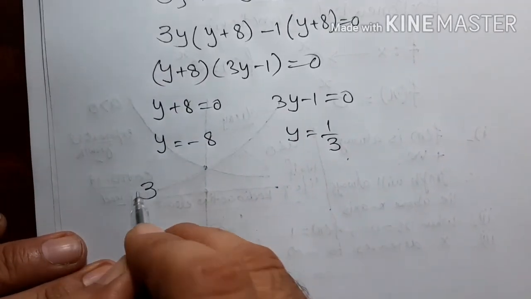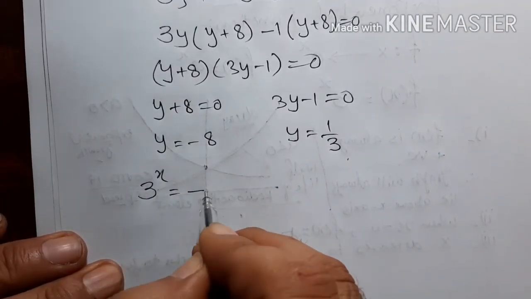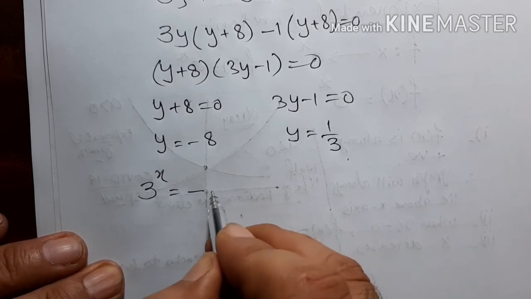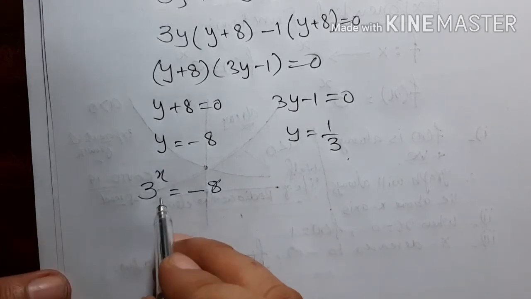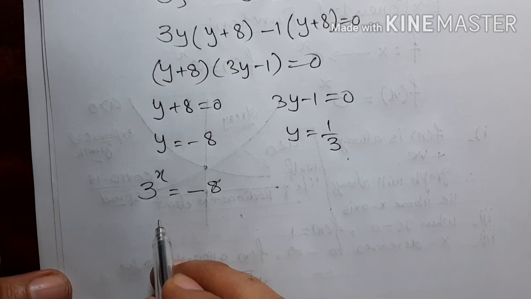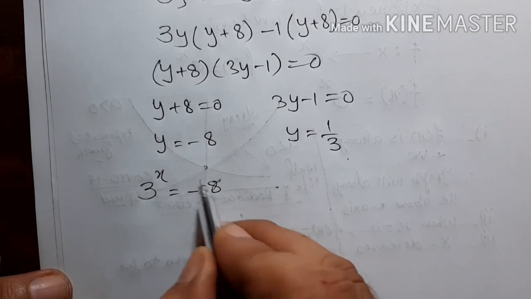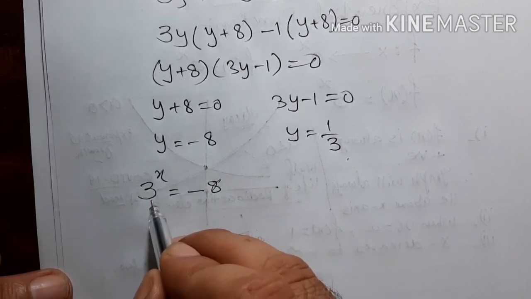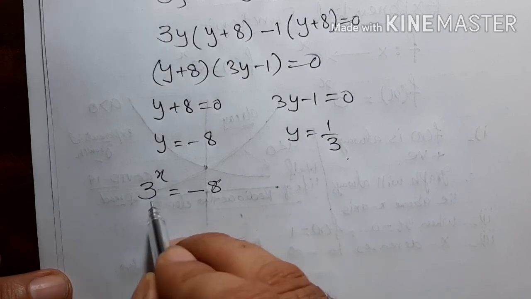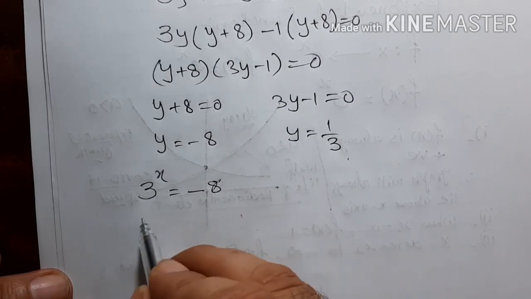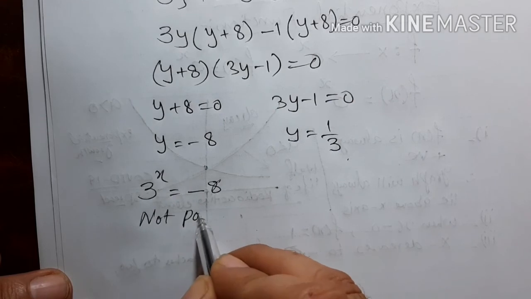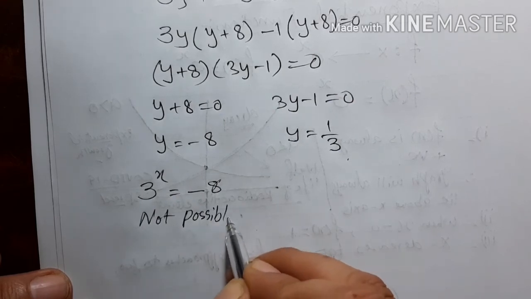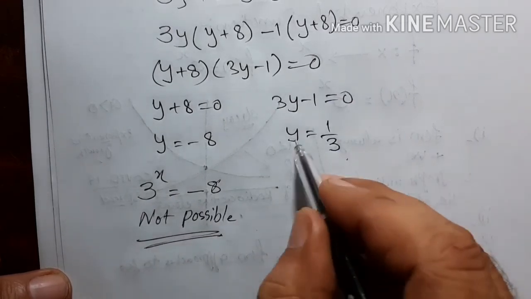This will be 3^x equal to minus 8, but this is not possible, I cannot write this minus 8 as a base of 3. So this is not solvable, so I'll stop here.